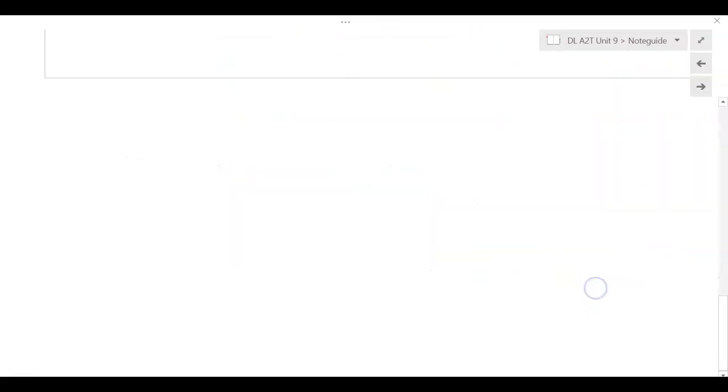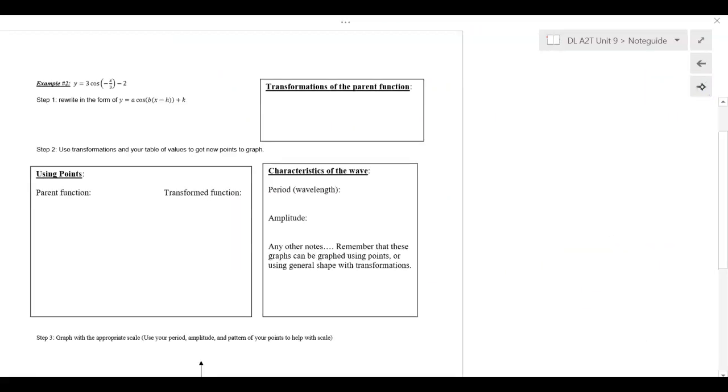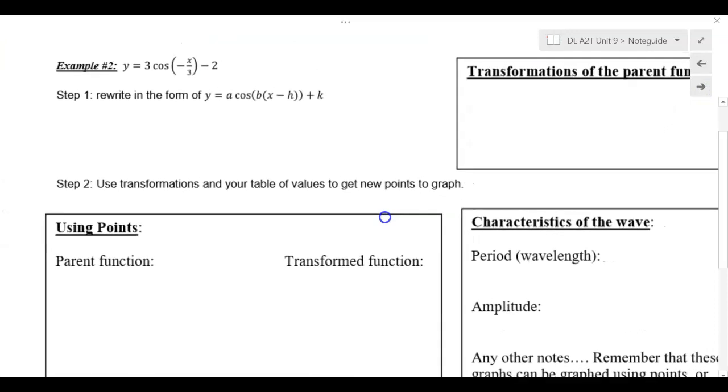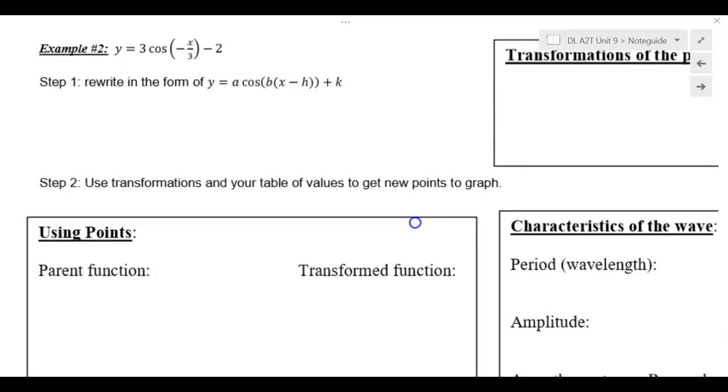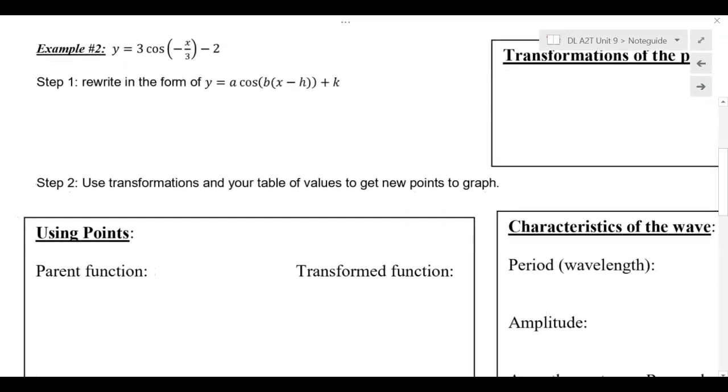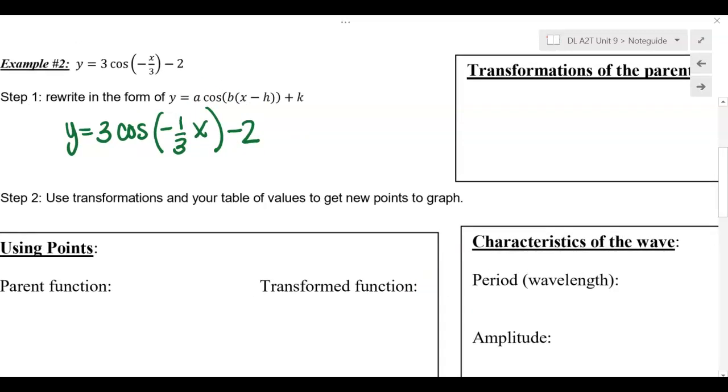All right, we're going to look at another example, this time a cosine graph. So again, make sure you understand the setup. In this graph, it's like a b value of -1/3 the way this equation is written. With the 3 in the front, my A value of 3, I'm seeing a vertical stretch by 3.